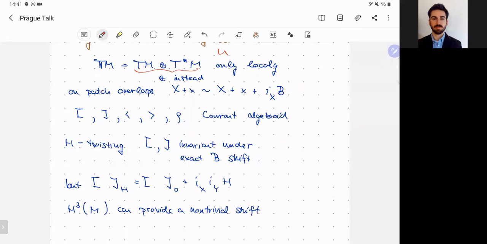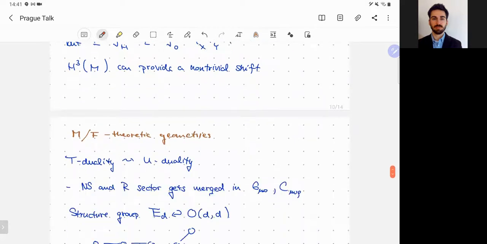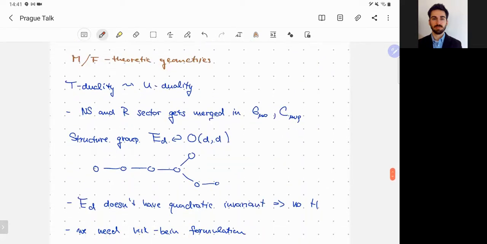There's a twist of this generalized tangent bundle, which also adds this two-form, and you can sneak in X inside and produce a form. So there will be some combining of the vectors and forms together when passing from patch to patch. So it's not really a direct sum globally. But maybe I'm not going to talk about that more.